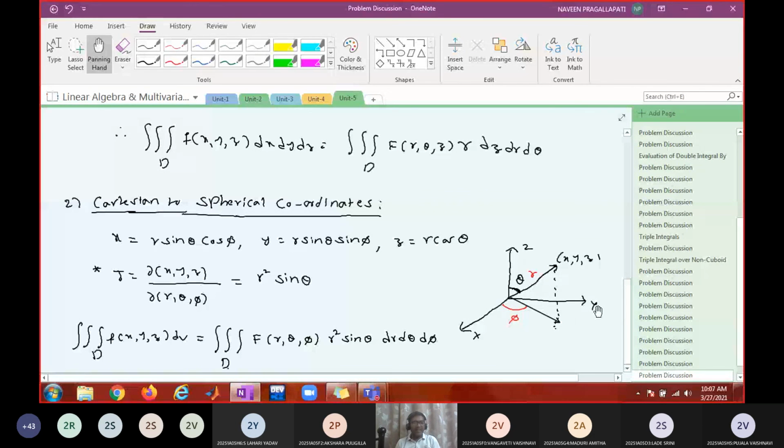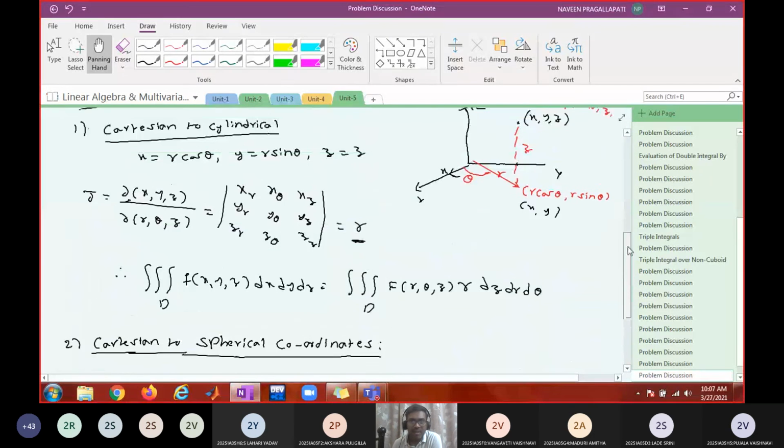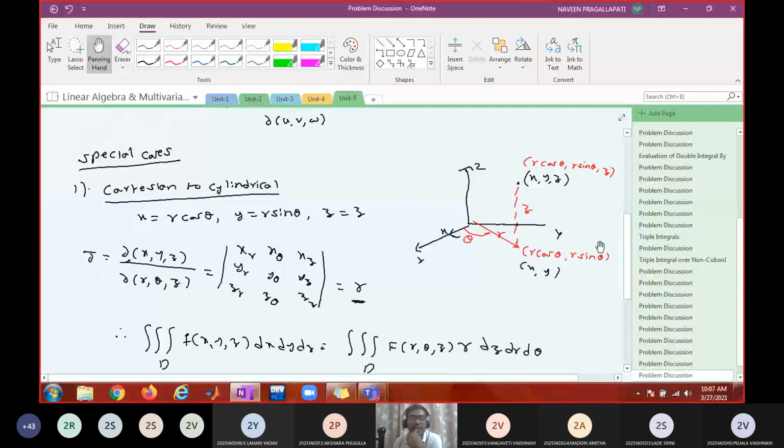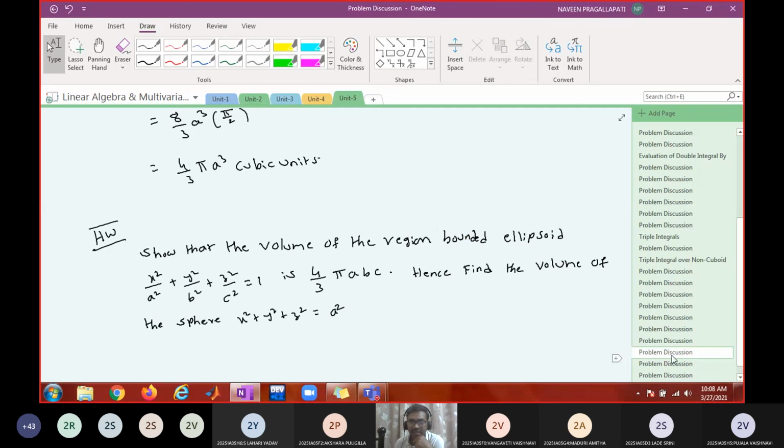I don't think you'll have any problem with change of variables from Cartesian to spherical or Cartesian to cylindrical. Anyhow, we did some part of cylindrical coordinates in finding the volume itself. Volume of the sphere, I did the same thing, no?